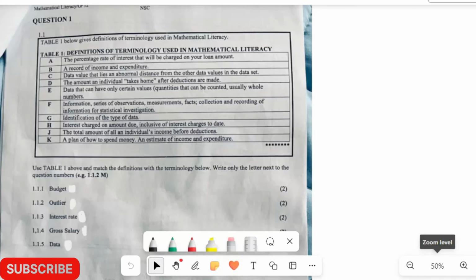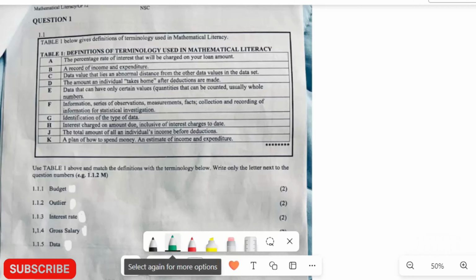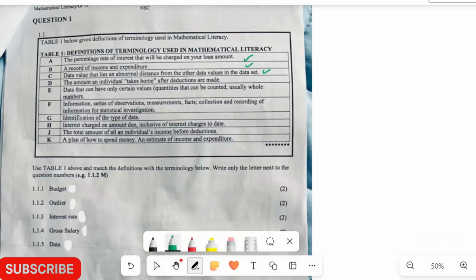A plan of how to spend money. An estimate of income and expenditure. That is what we are seeing here. We have read all these definitions from A to K.